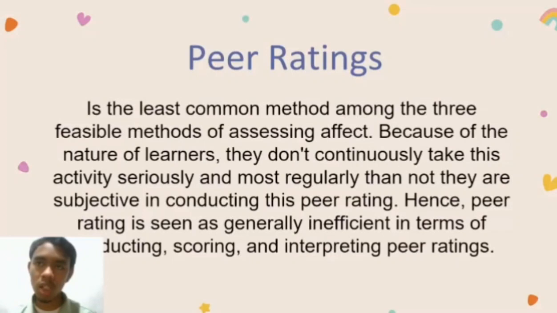They rate their classmates. Maybe this is applicable in some group activities where the teachers give the leaders of each group leeway to observe and rate their group mates, whether they cooperate in the group or they're helpful in the group. So it's basically just like that.